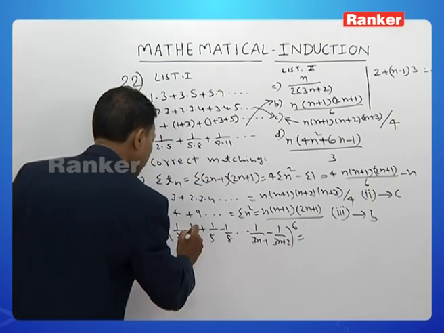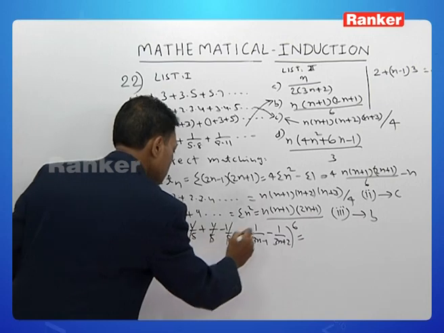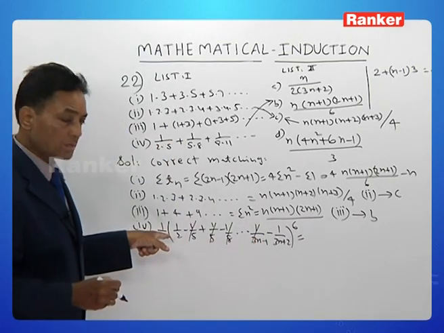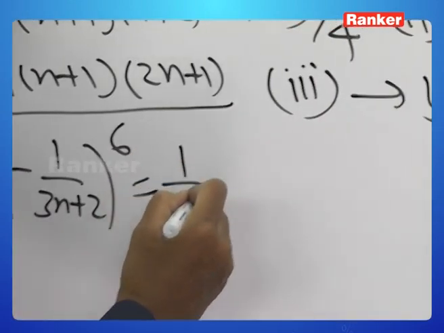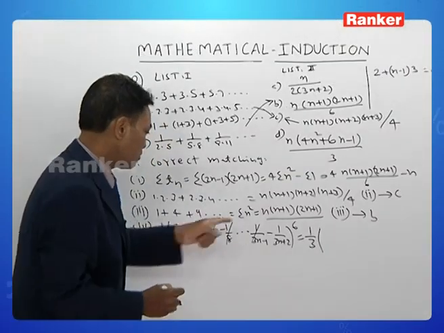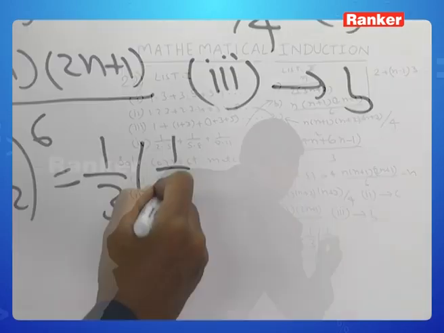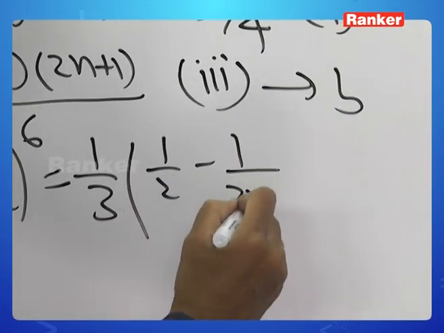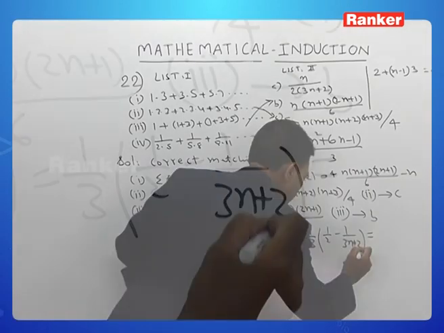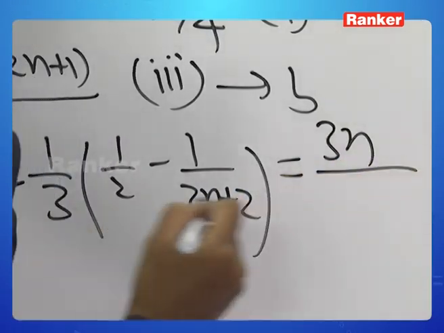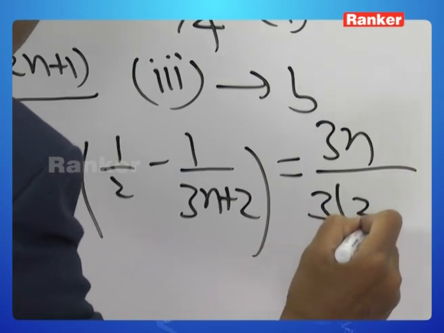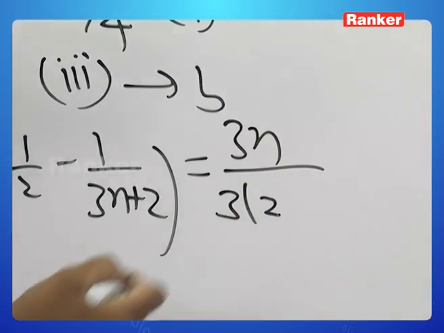Now, if you simplify, all terms get cancelled, except the first factor of the first term and the second factor of the last term. So, we get 1 by 3 into (1 by 2 minus 1 by 3n plus 2). If you take the LCM, 3n plus 2 minus 2, that is 3n, by 3 into 2 into 3n plus 2.